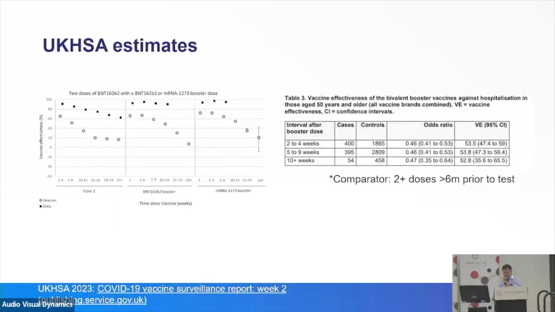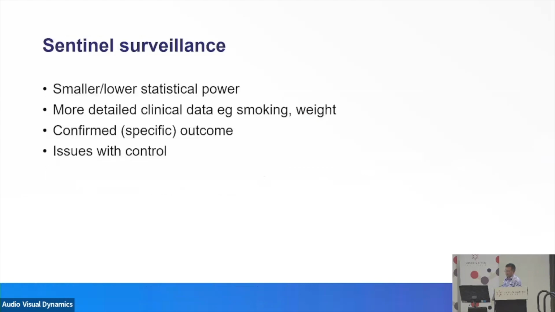And so they've produced these very helpful estimates of vaccine effectiveness. They're still talking about vaccine effectiveness rather than 2 versus 3 or 3 versus 4 doses. And obviously that depends on that group that is still unvaccinated there. The comparator, at least for some of these, has been 2 doses greater than 6 weeks, and trying to align that with policy relevant questions.